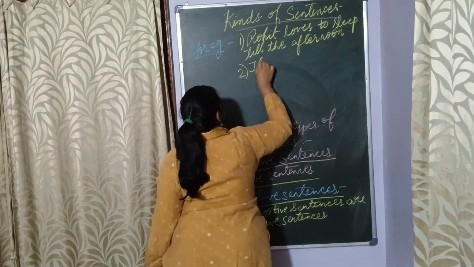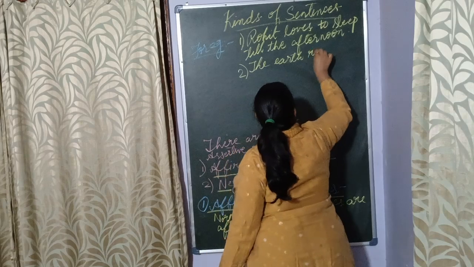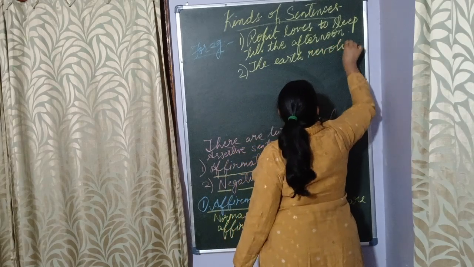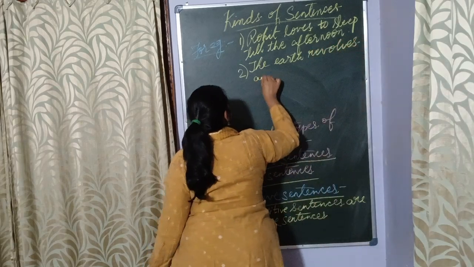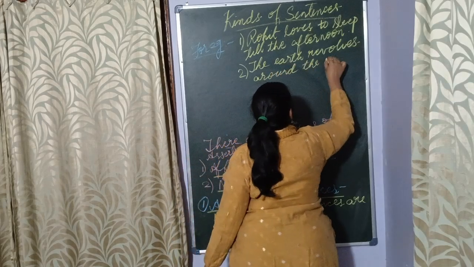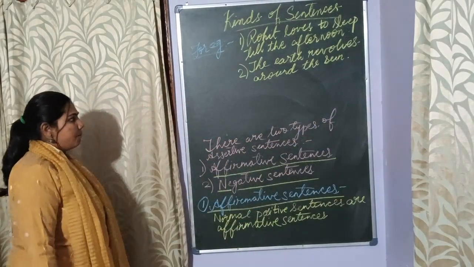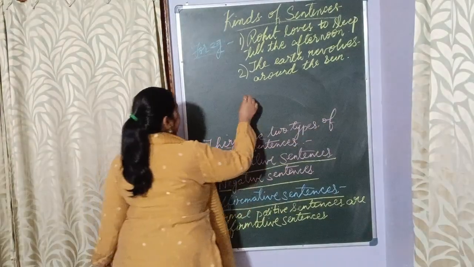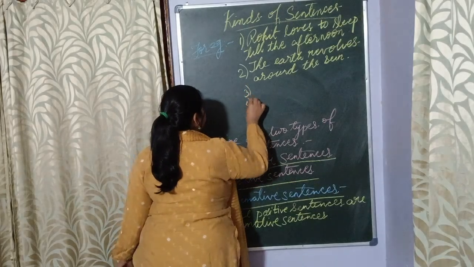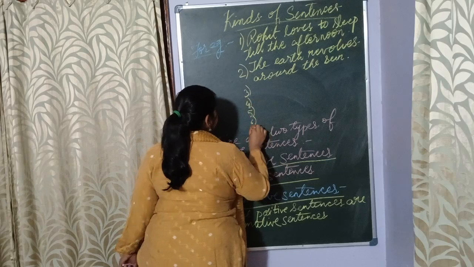And again, the earth revolves around the sun. And now you must write 3, 4, 5, 6, and 7.